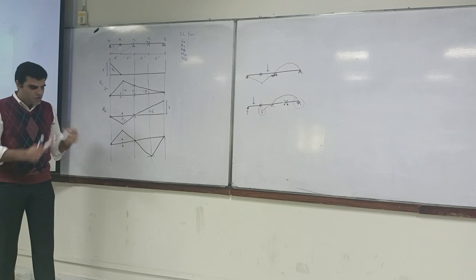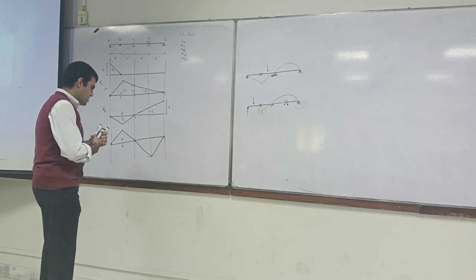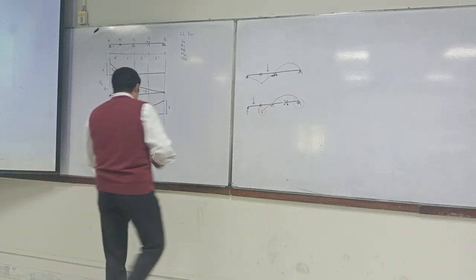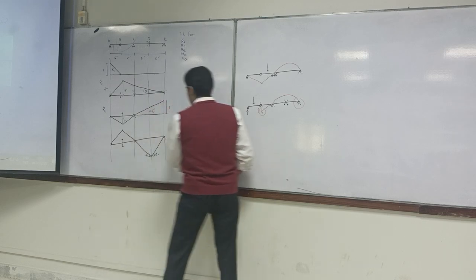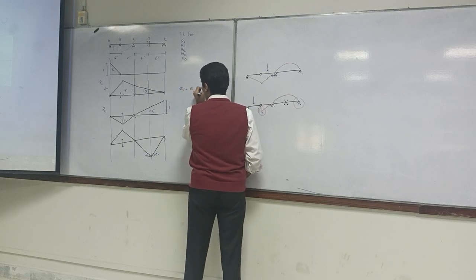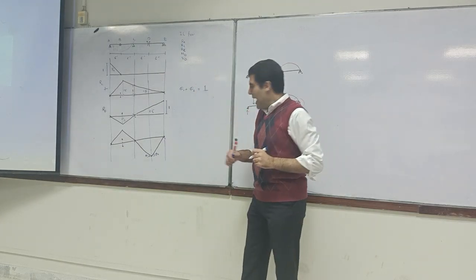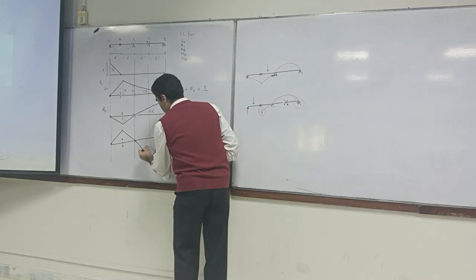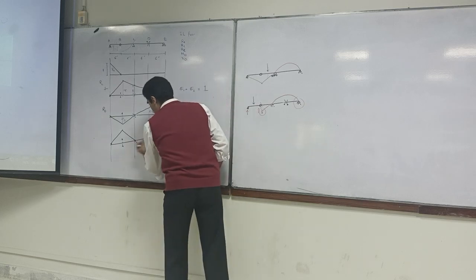Now we are saying theta 1, theta 2. Theta 1 plus theta 2 must be equal to 1. That is what we discussed previously. And what is theta 1? Imagine this is h1. So h1 by 6.